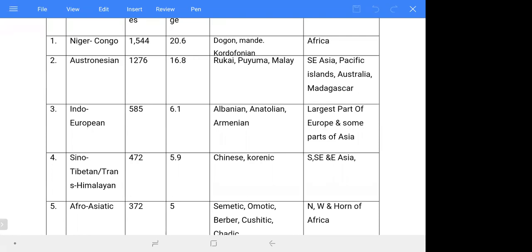The second is Austronesian. It has 1,276 languages, and you can see the distribution by yourself. Austronesian is, by the way, for Asia and Australia, and also Madagascar. You know, Madagascar is the largest island in Africa, yes?